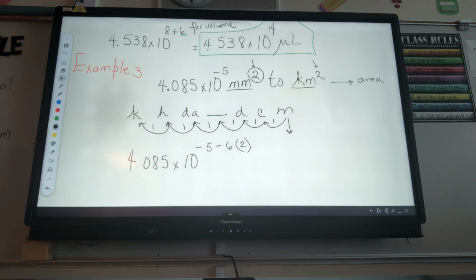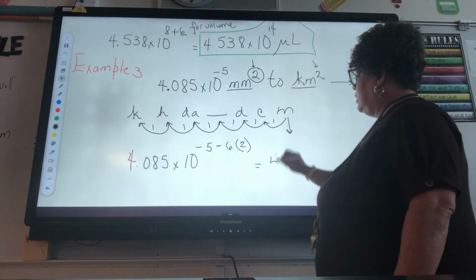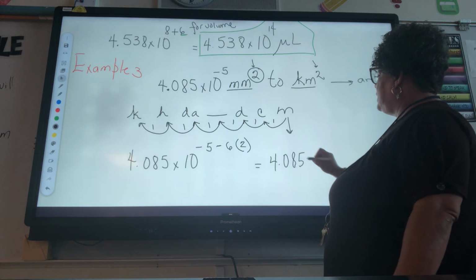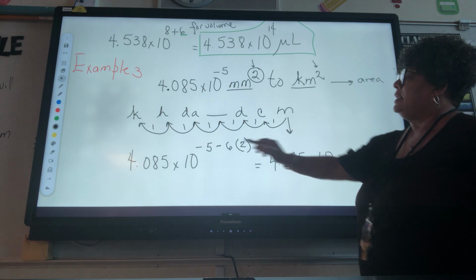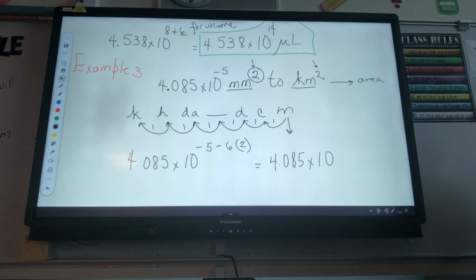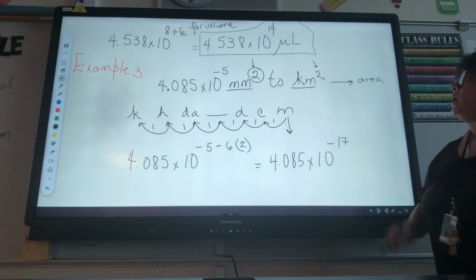So now I have 4.085 times 10 to the negative 5 minus 12. Negative 5 minus 12, negative 17.